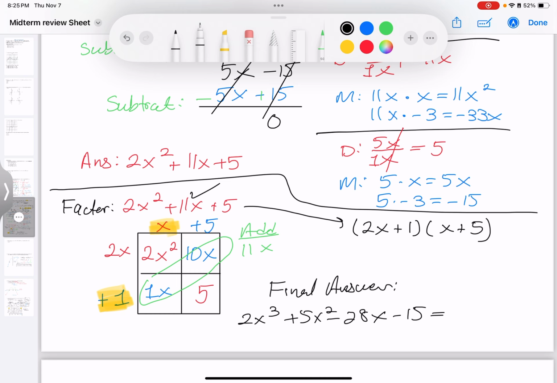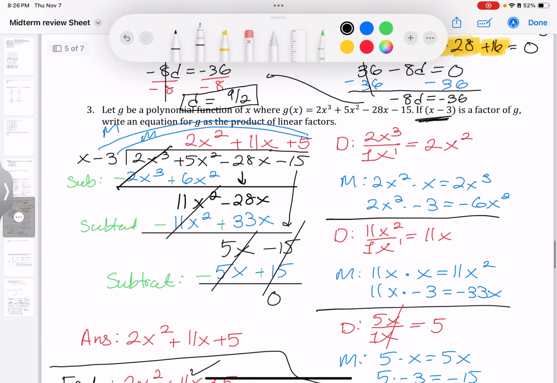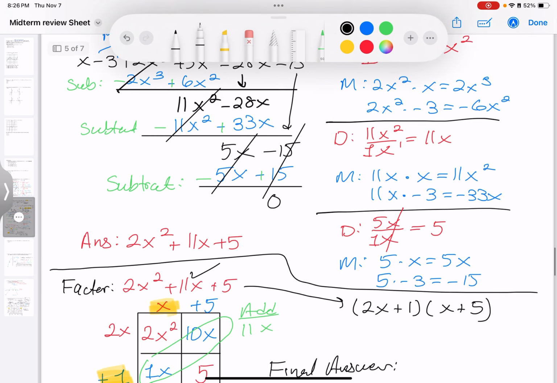This equals 2x plus 1 times x plus 5, and don't forget in the beginning, times x minus 3.